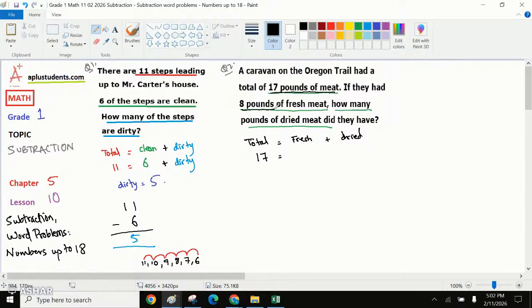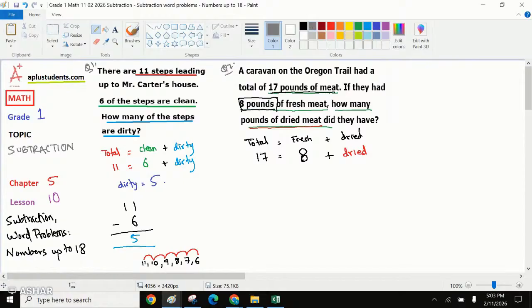Fresh was 8 pounds, 8 plus the dried. We don't have the value for the dried. How can we find the dried? We can do 17 minus 8.